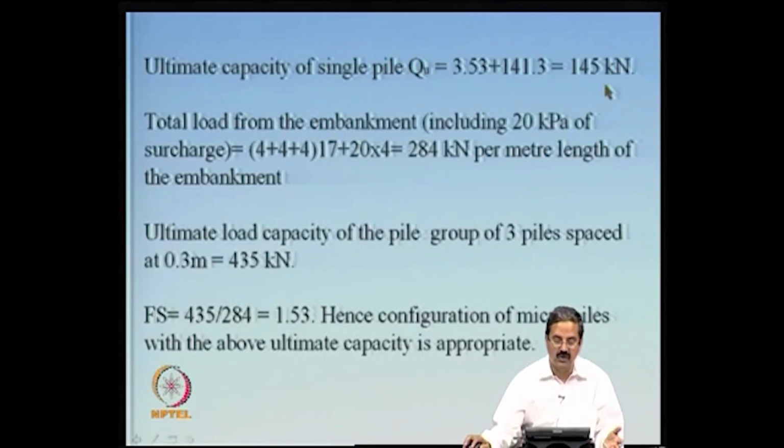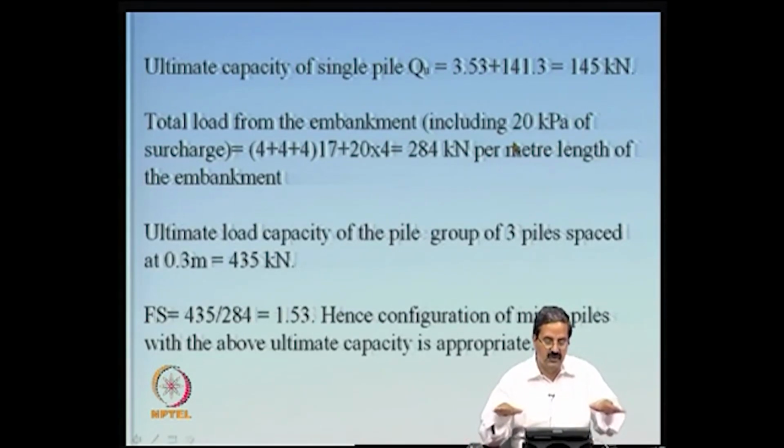So, once you have the total load of the single pile, we are trying to calculate the single pile capacity, say for example 145 kilonewtons. Then assume that the embankment is about 4 meters width, and it has a 1:2 slope. So, it has that 4 meters and then unit weight is this much and surcharge is this total load.